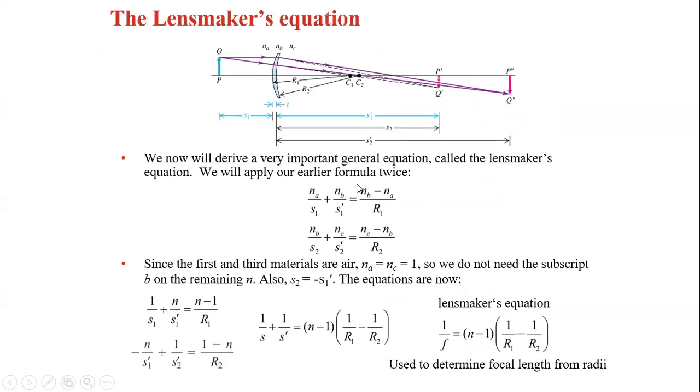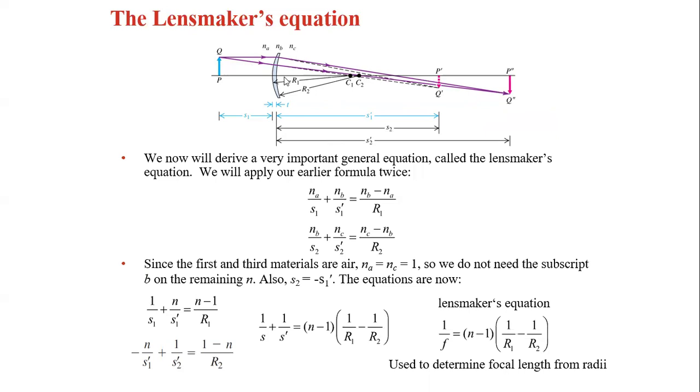How about we derive what we call the lens maker equation? Can we derive the relationship? Say for example, we have an object here.